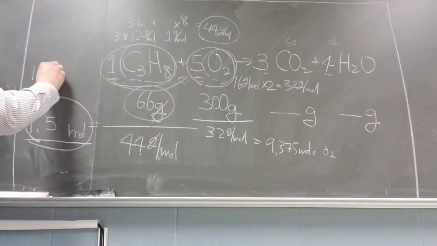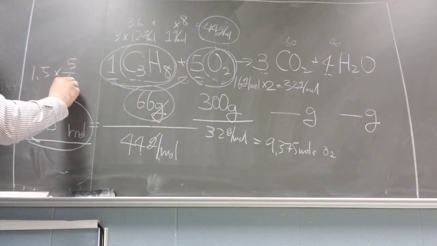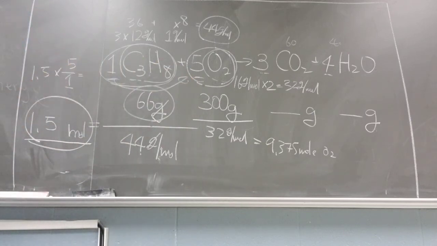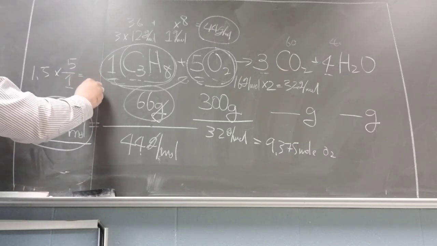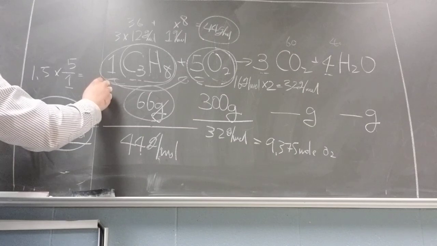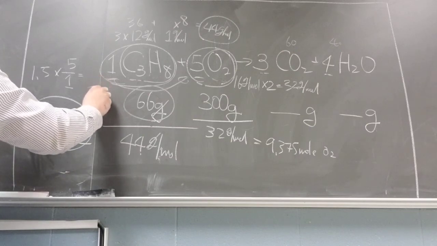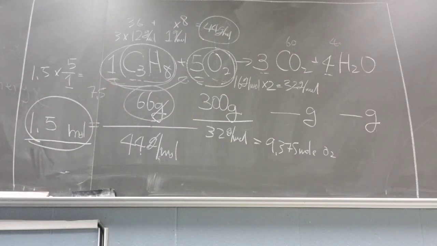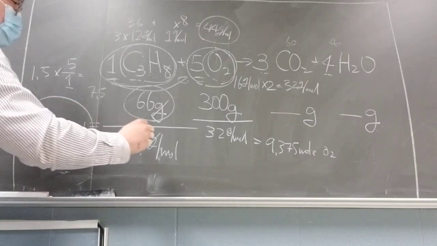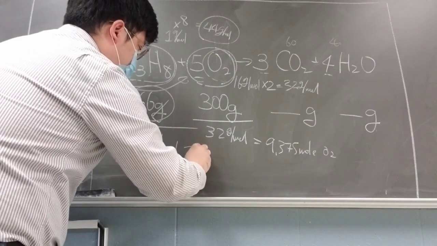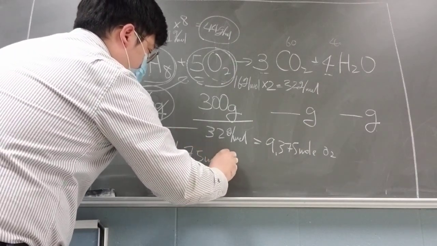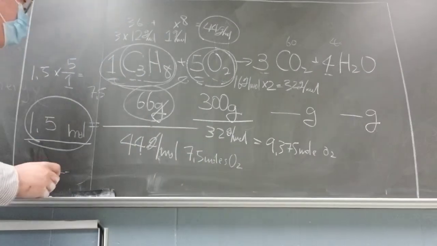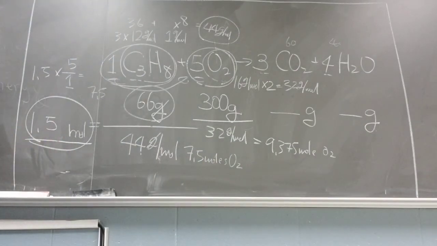This is the amount of oxygen you need for 1.5 moles of the propane. This is about 7.5, right? 7.5. Okay. So you need 7.5 moles of oxygen for 1.5 moles of propane.